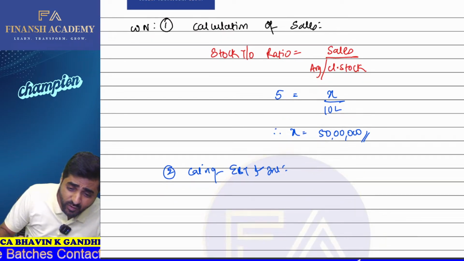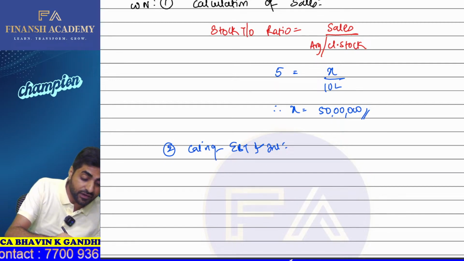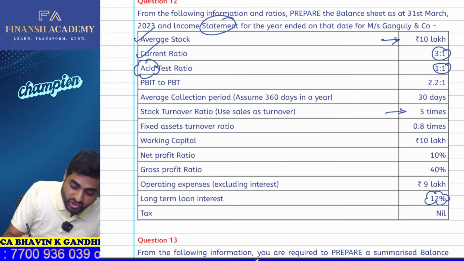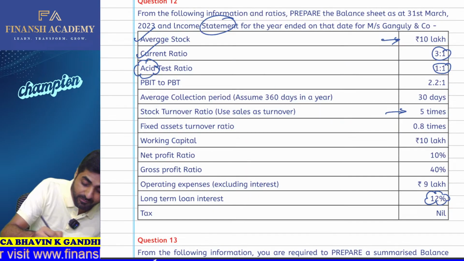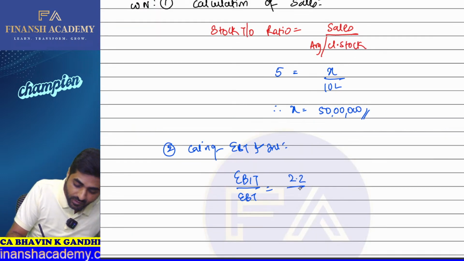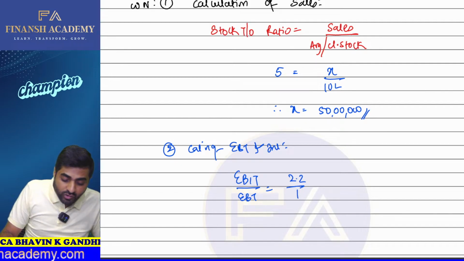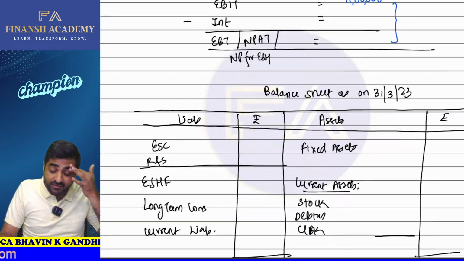So in this particular case, what is going to happen? We will simply take first whatever is the ratio which is given to you. So EBIT upon EBT is nothing but 2.2:1. Now out of this, do I have the amount of EBIT? Yes, sir, I do have it. So that is 11 lakhs.